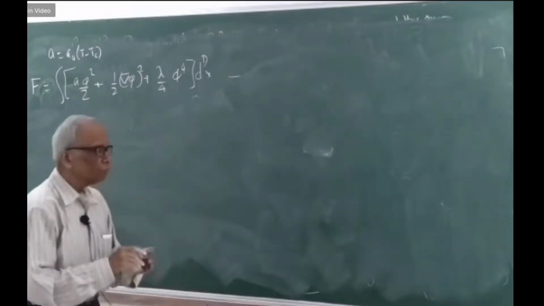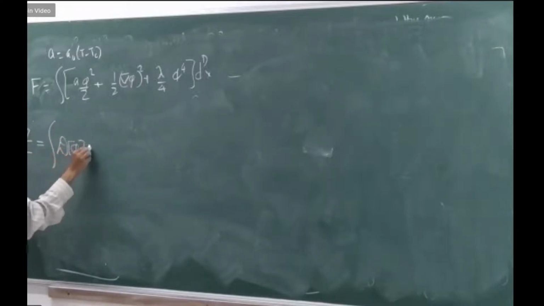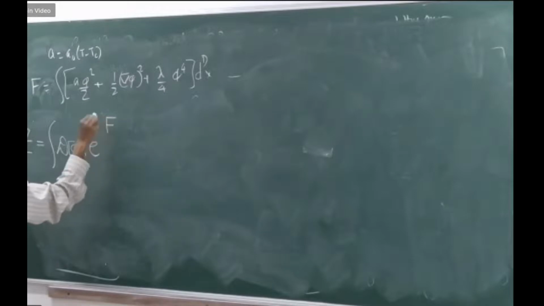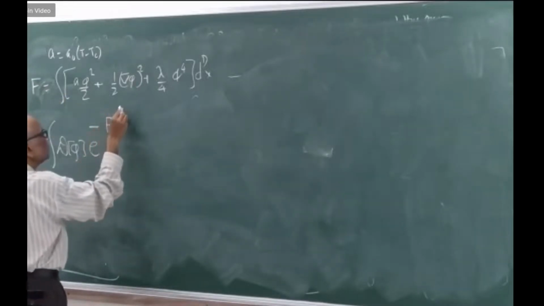So what is the story? All right. Once again, the basic point is you have to calculate the partition function. And the partition function is the functional integral of d phi e to the power minus f. That is the partition function. Let me write this down in momentum space.